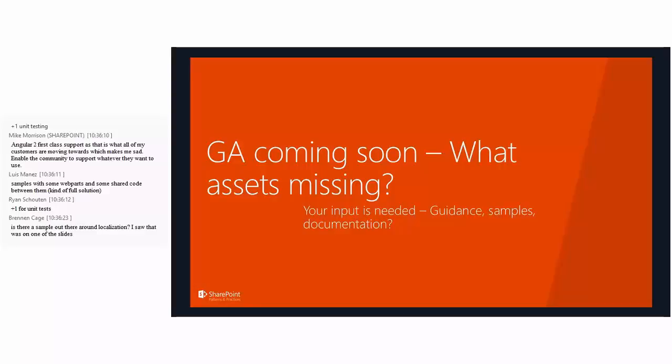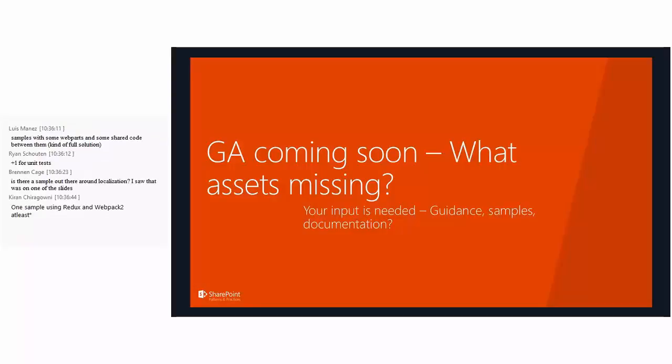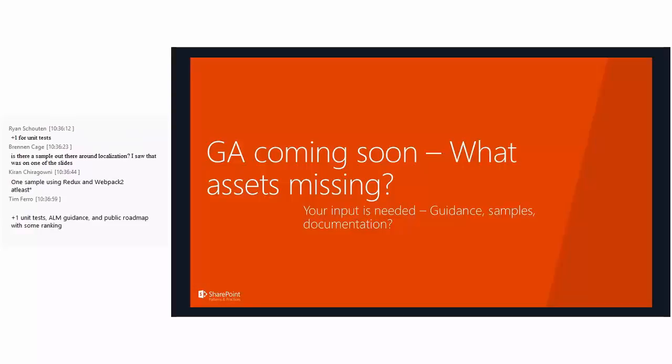We'll get more samples in. Angular 2 first-class support, as that is what all of my customers are moving towards. The challenge, Mike, on Angular 2 is that the problem is not on the SharePoint Framework side. The problem is actually on the Angular 2 side, and we are working together with Google on addressing that. Because Angular 2 assumes to be a single-page app.